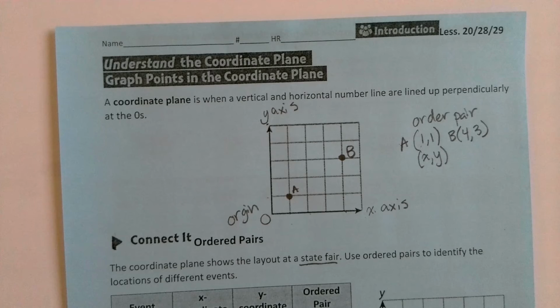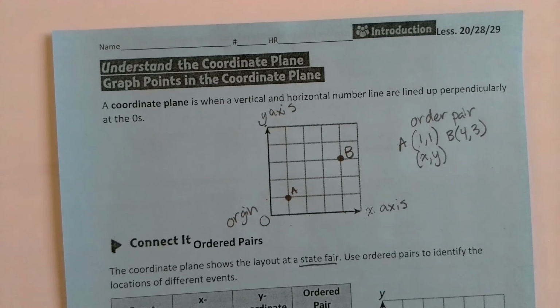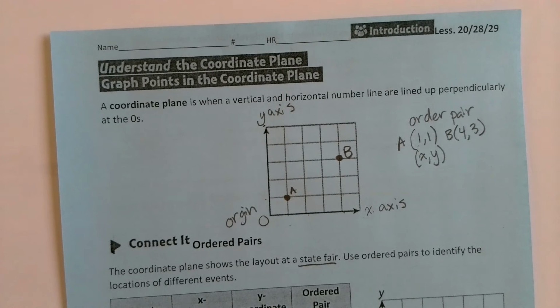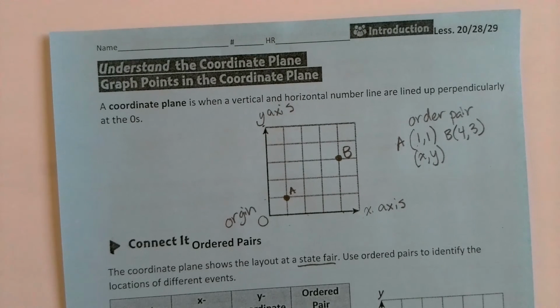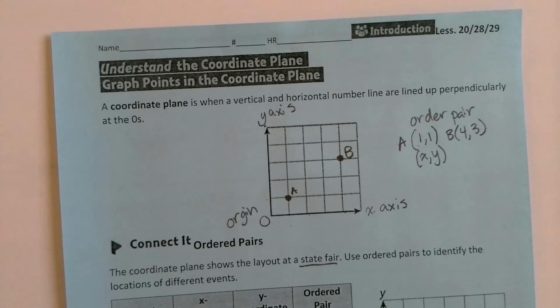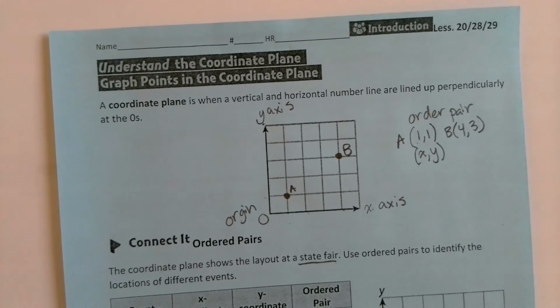So the other thing we can do with a coordinate grid in our ordered pairs is talk about how they are the distance from one another and how to travel from one point to another. So this question is, how many units would it take to get from the ring toss to the book sale? If we traveled along the coordinate grid, we have lots of options here, but the distance would still be the same.